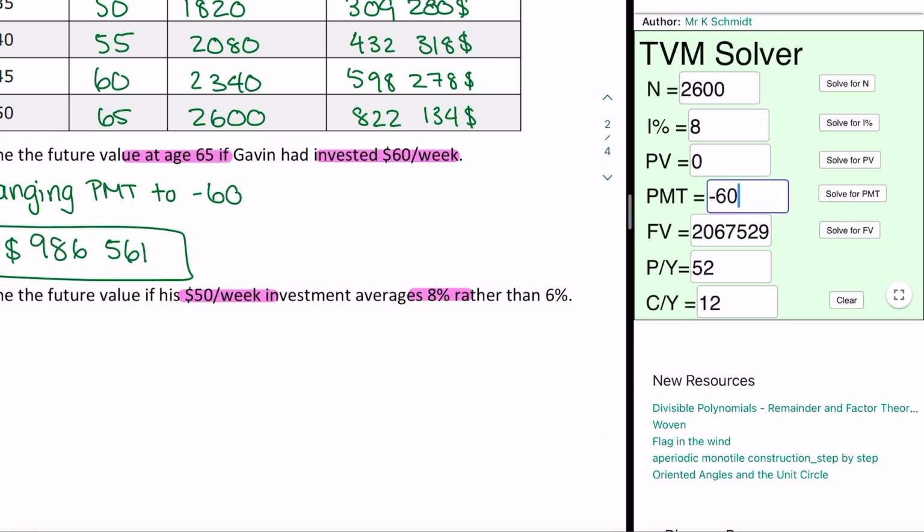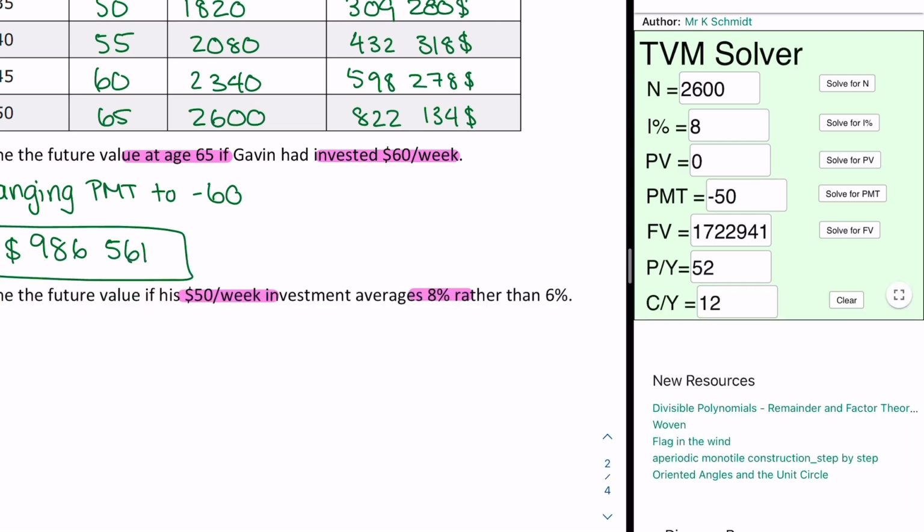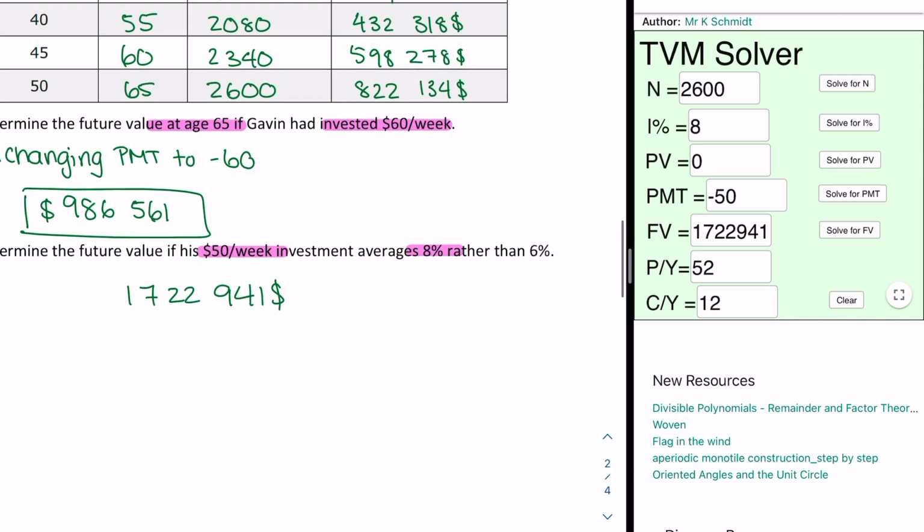Nope, I feel like that's not right. It did not change. There we go. So 1,722,941. And that is the end of 5.4.